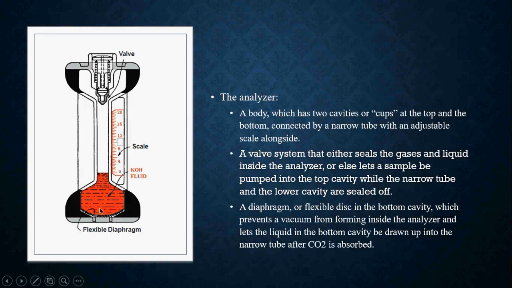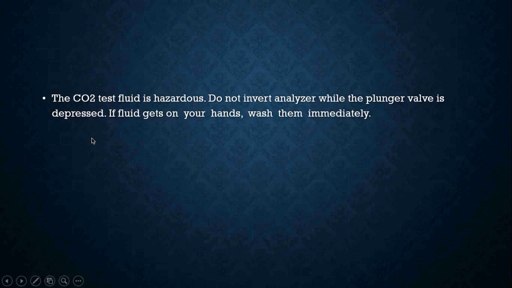That CO2 is going to mix with our fluid. And when that happens, this fluid is now going to expand. It's going to rise up. And we can actually now measure how much CO2 is in that flue gas. Okay?